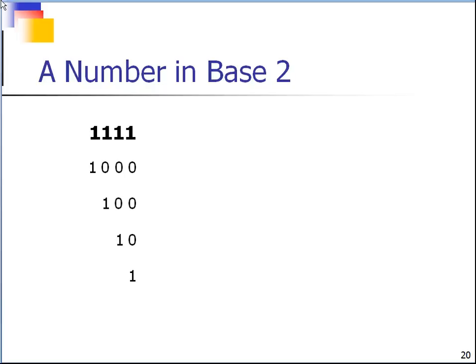Let's use the previous principles and figure out what this number is. The first one is to the third power. So it's 1 times 2 cubed because we are in base 2. As before we were in base 10 and it was 10 cubed. So here it's 2 cubed.